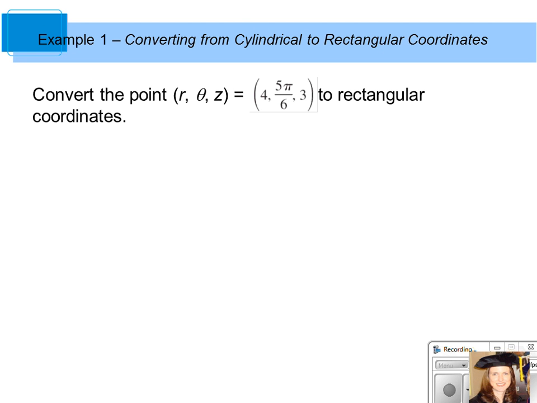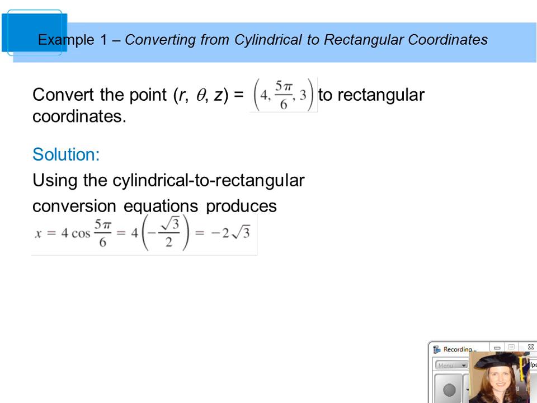For this example, we're going to convert from cylindrical to rectangular coordinates. Convert the point r, theta, z, which is 4, 5 pi over 6, and 3, to rectangular coordinates. You can pause the video now and use those conversion equations to find the point with coordinates x, y, and z.